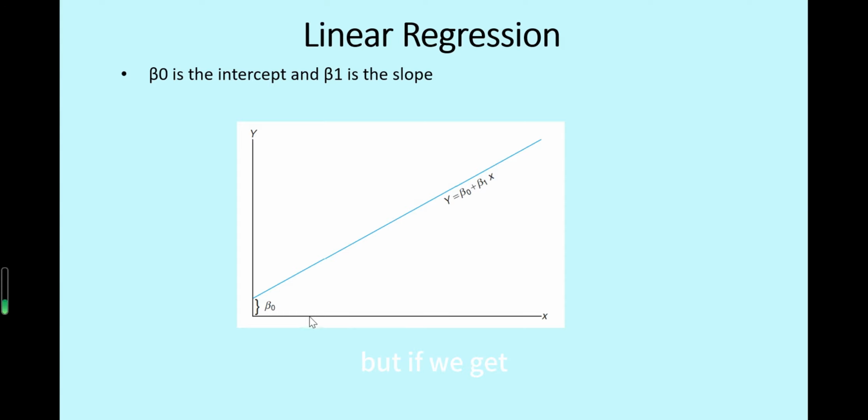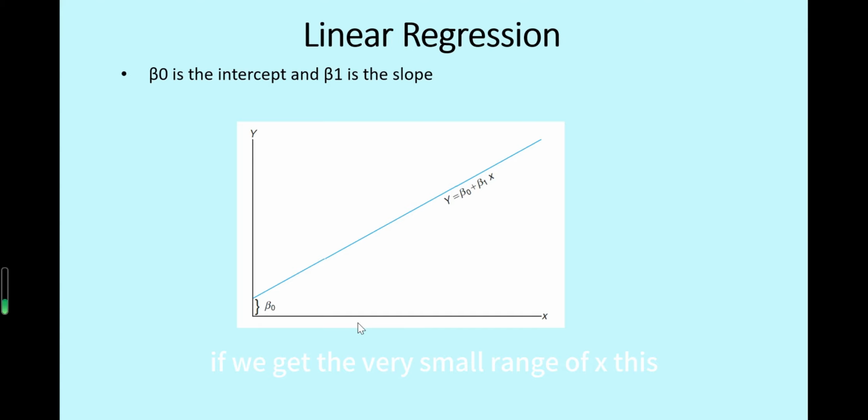But if we get a very large x range, almost the whole range, then we get a very small variance of b1. So this is just like physics.